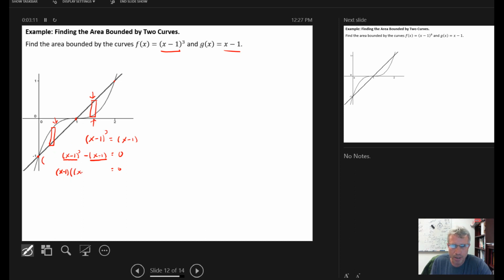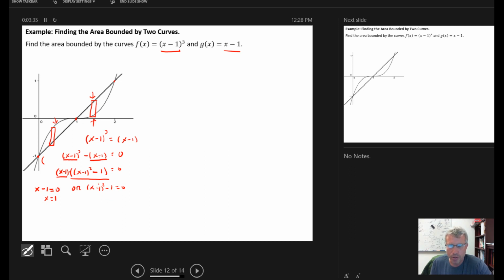It's going to leave behind an (x minus 1) squared here, minus a 1 right here. And then once I've broken it into a product of two functions, I can use the zero product property to separate those. So either x minus 1 is equal to 0, or (x minus 1) squared minus 1 is equal to 0. So I can see x equals 1 as a possibility.